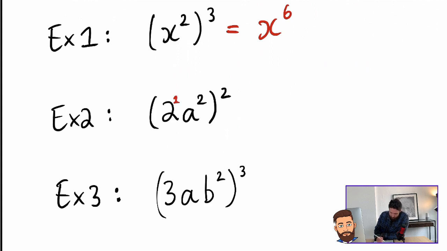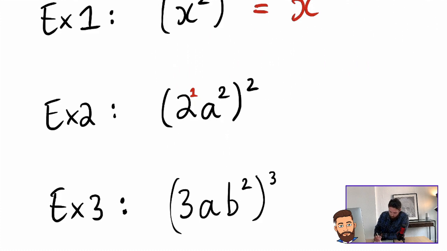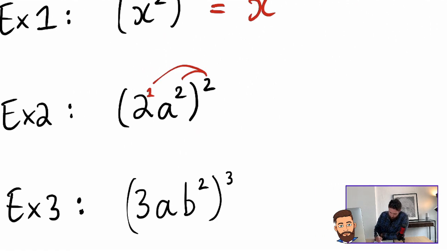Technically, there's a little 1 there, we just don't write it. So what you have to do is the same law, but you have to do it to both terms. Everything that you're raising to the power, because it's in a bracket, needs to be multiplied. So what does that mean? Well, it means that you need to distribute this 2 across both terms.